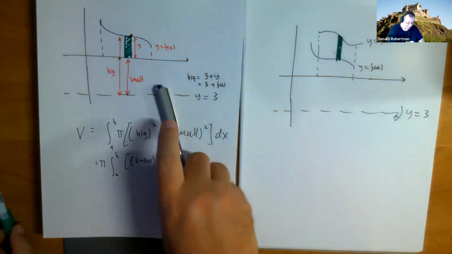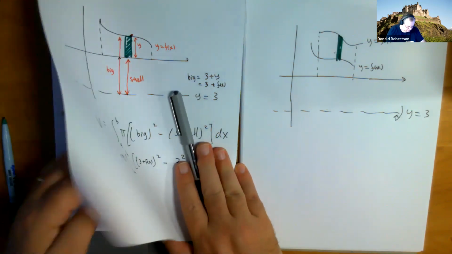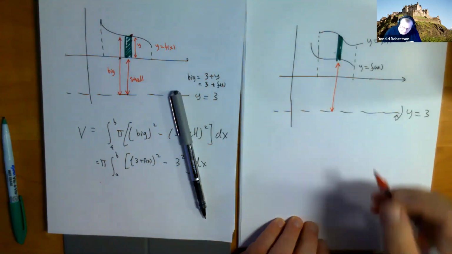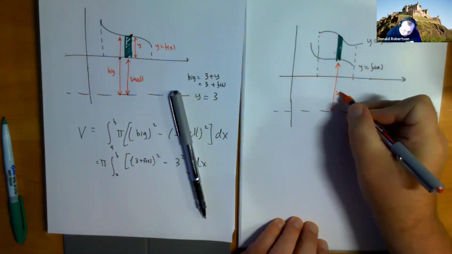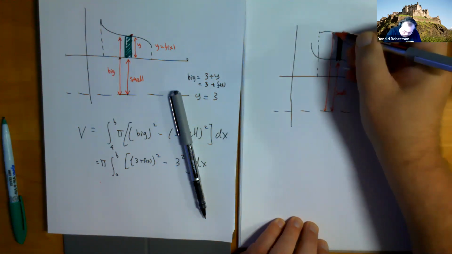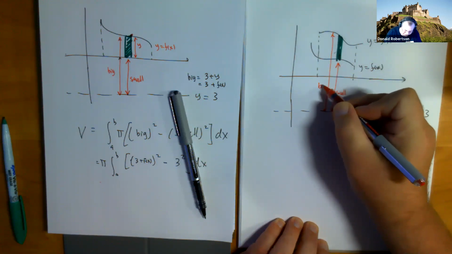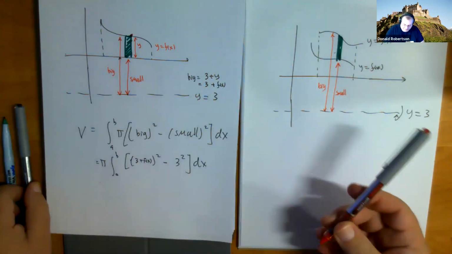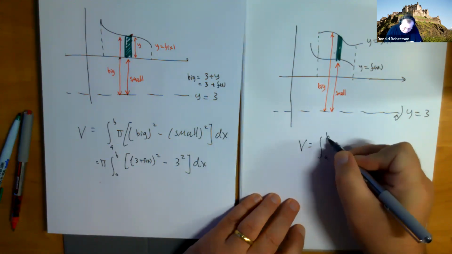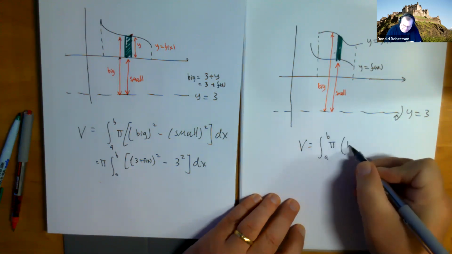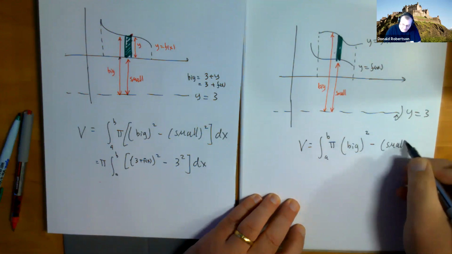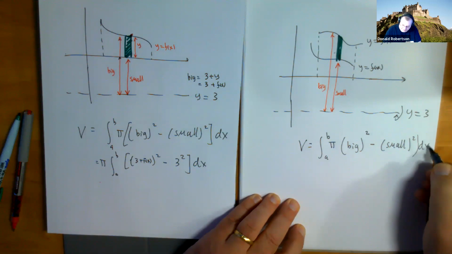Based on distances, the short distance, there to there, is the small radius, and the big one is that one. So my volume is going to be the integral from a to b of pi, the big radius squared, subtract the small radius squared, dx.